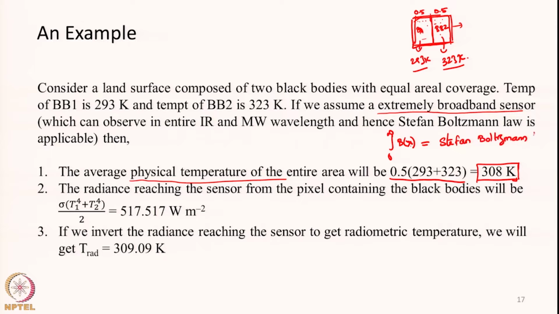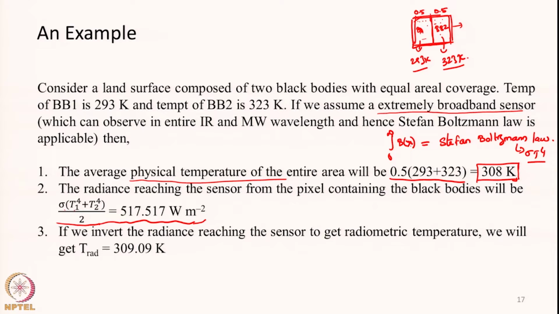Because I have defined an extremely broadband sensor for this example, I am using the Stefan-Boltzmann law. It is very easy to compute and show on screen, whereas Planck's function has more mathematical steps to solve. Just for saving time I am using the Stefan-Boltzmann law here, but this is not true always, just for explanation sake. So, sigma T power 4 is the Stefan-Boltzmann law.